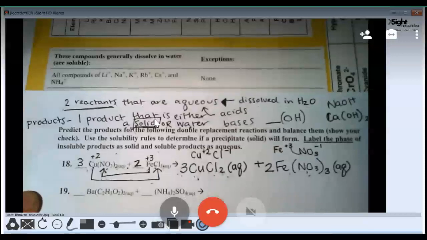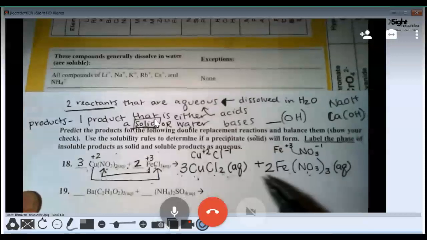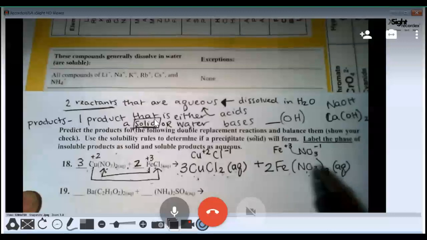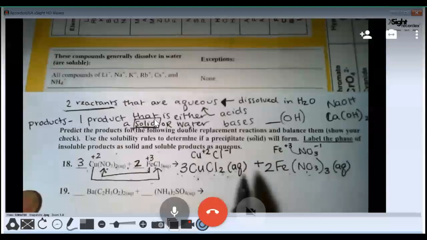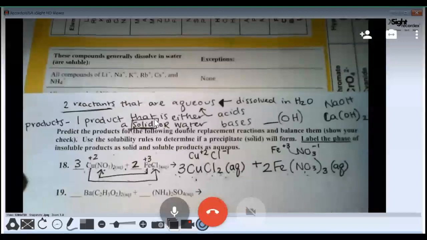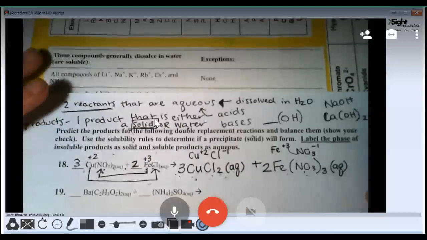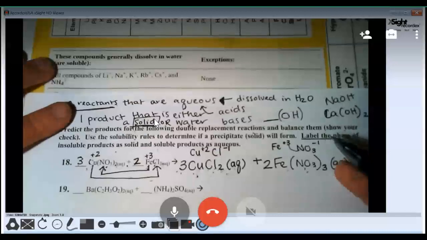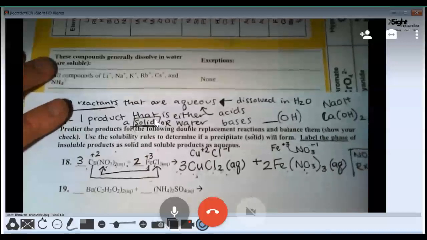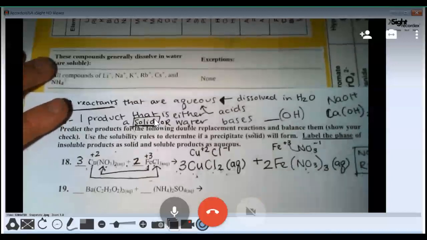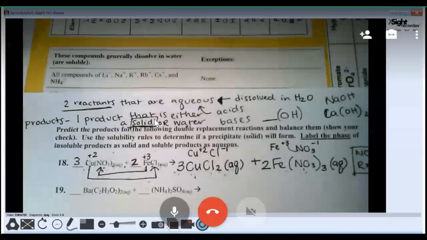No, we don't meet the product requirements, because we would need one of these things to be a solid, to have an S in parentheses, or we need one of them to say H2O. Does that make sense? It's kind of confusing. It's probably the hardest part of predicting products. So this would be no reaction, because we don't have a solid and we don't have a product that is water. Do we want to do another one?